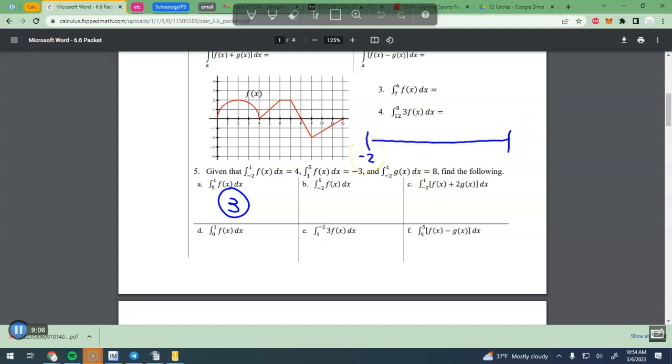So I've got negative 2 to 5, but then I see up here it's negative 2 to 1 and 1 to 5. This might help you understand what's going on too. This tells me between negative 2 and 1, the integral is 4. This tells me between 1 and 5, the integral is negative 3. And then they're saying we'll put them together. What is it from negative 2 to 5? So you would just add these two up, and it would be 1. Is that right?